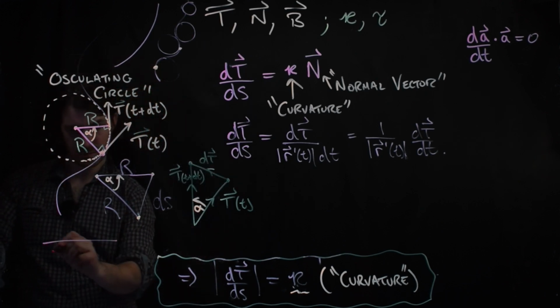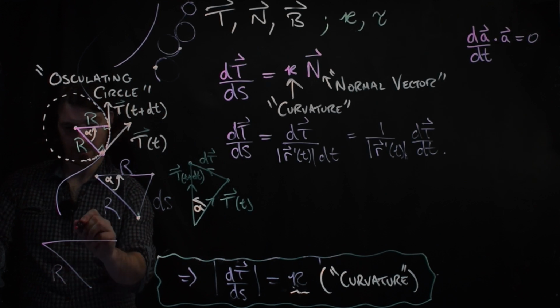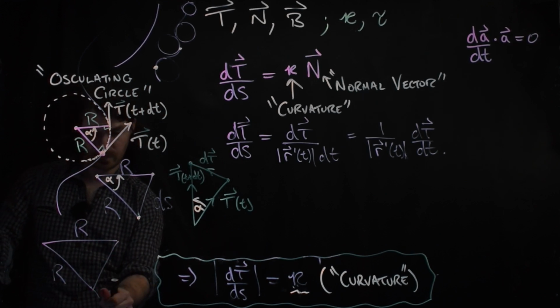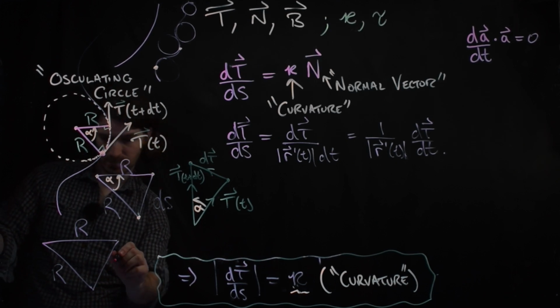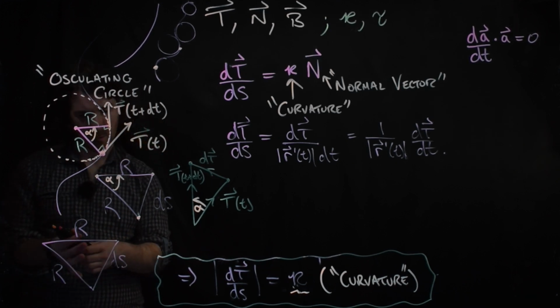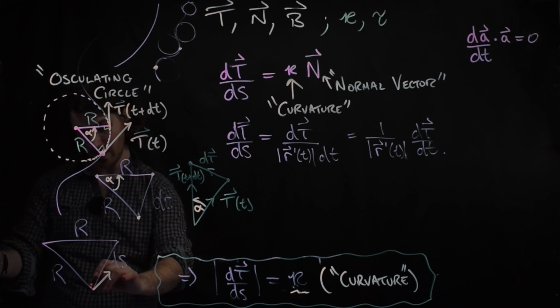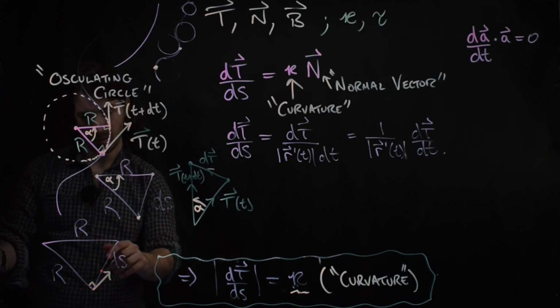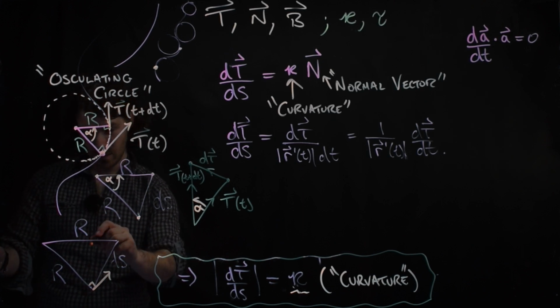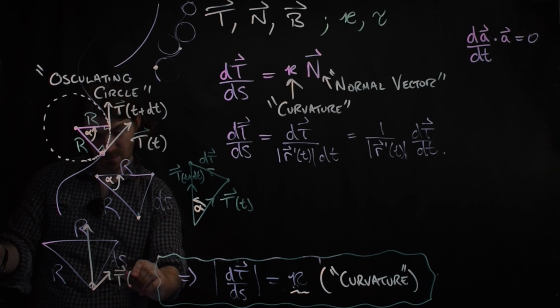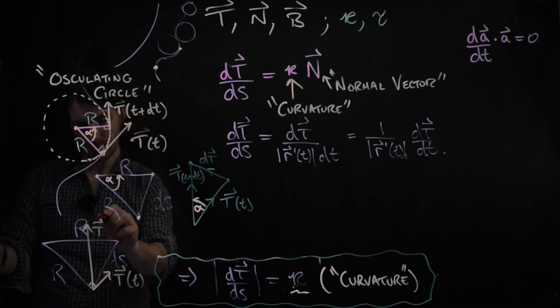So we have this r, and we've got the ds. And at this point we've got the tangent, which is at 90 degrees. And then the other tangent is like this. So this is T at t, and this is T at t plus delta t.